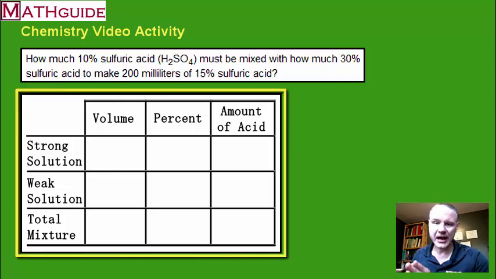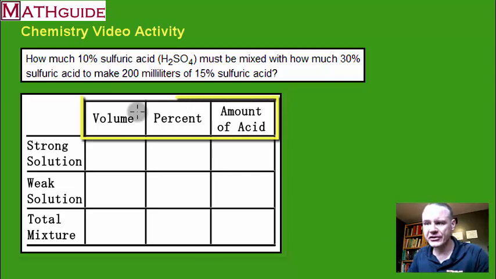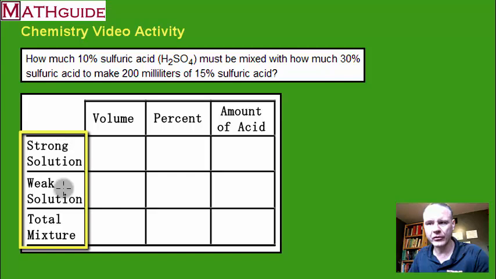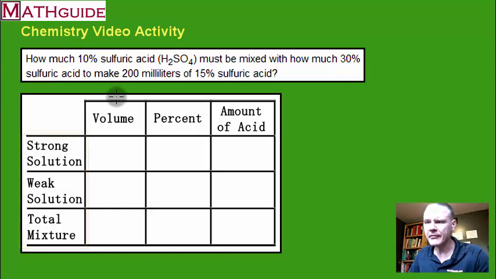You could see that we have headers in the table, and then we have these things along the side, or the rows of the table. So the columns and rows have been specifically prepared in an important order. The header of the table has volume, then percent, and then amount of acid.